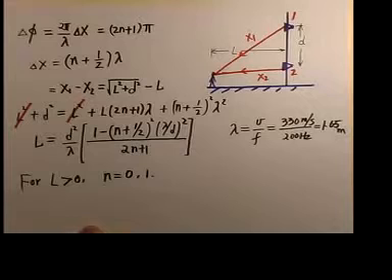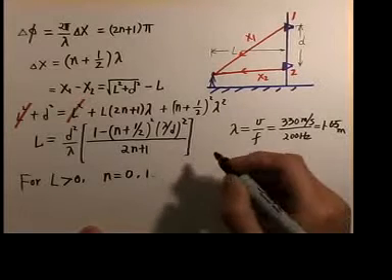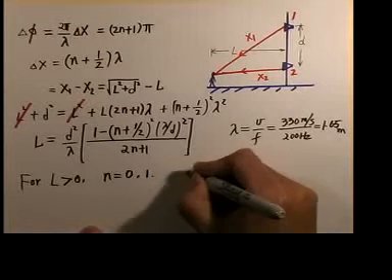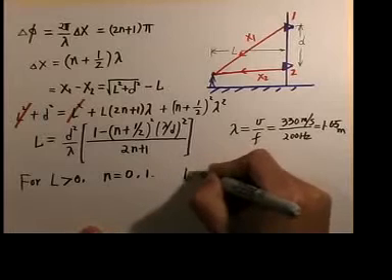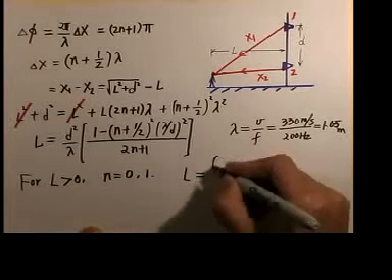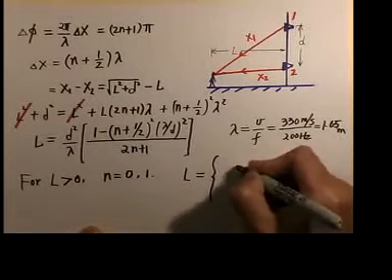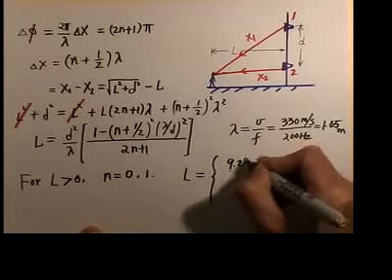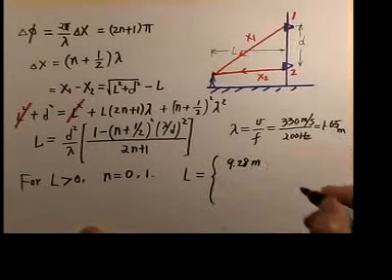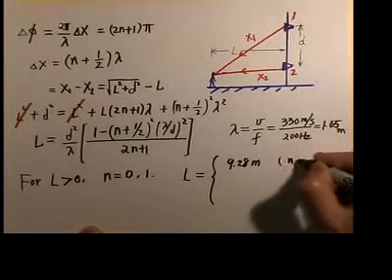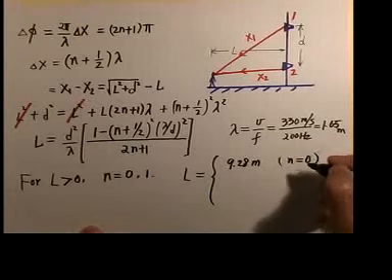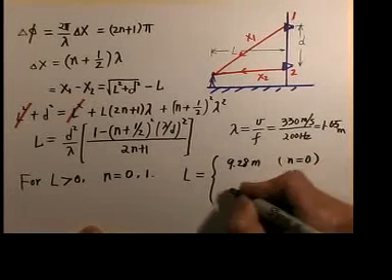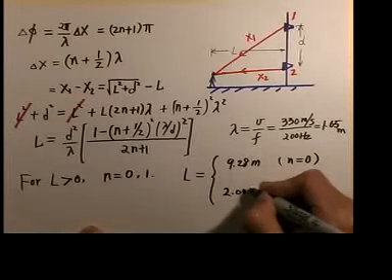And if you did so, you'll find that the first value, L, equals 9.28 meters. That corresponds to the case when n equals 0. The second one is 2.00 meters.